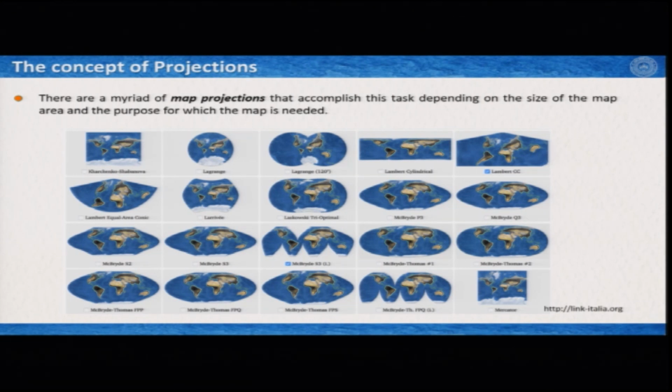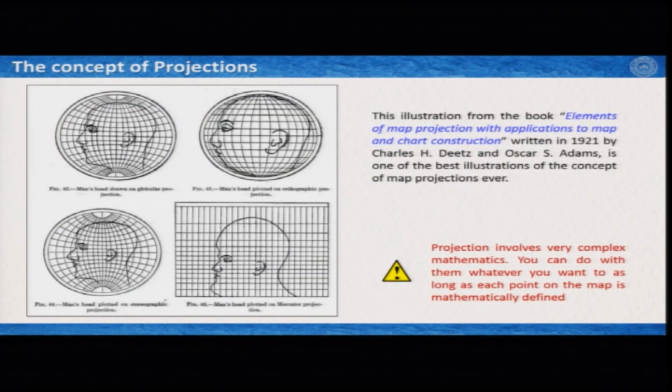Now, this is not only valid for a map, you actually can project anything in different ways. So, in this illustration that we see, this is one human face, and you can see that based on the different grids that we see, the face has been projected differently in this area.